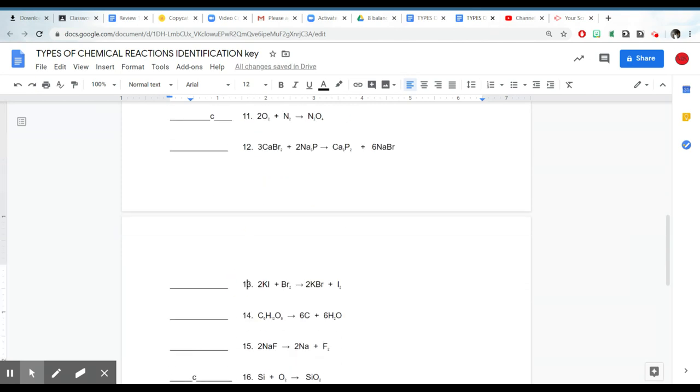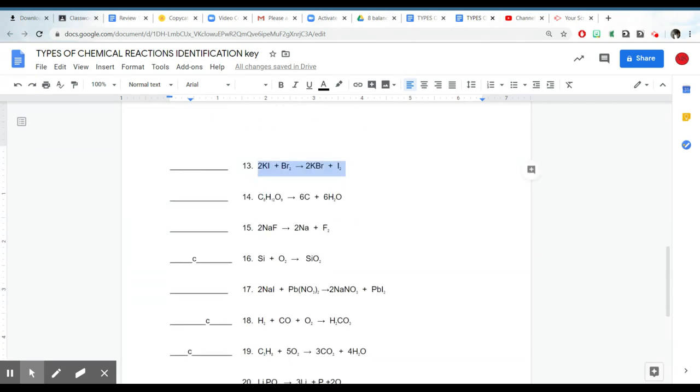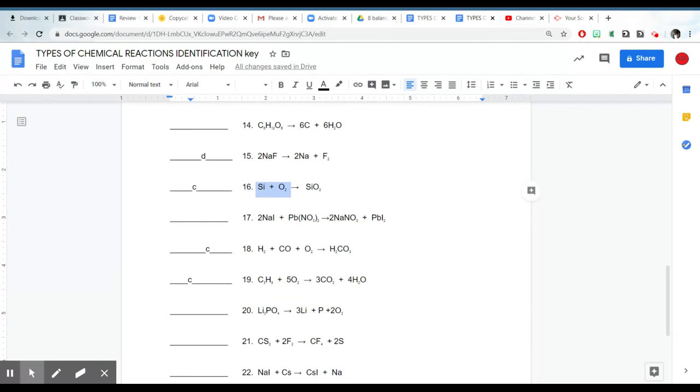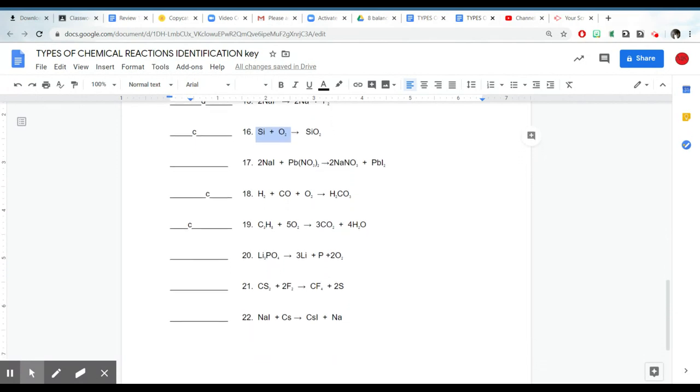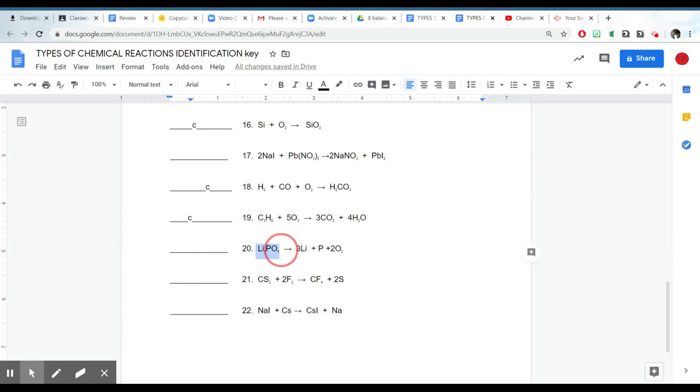Notice here I have two things on one side and two things on the other, so that can't be it. One thing breaking apart, decomposition. Here I have two things coming together to form one. As I said, it could be combustion or synthesis. And number 20, I have one thing breaking apart, decomposition.